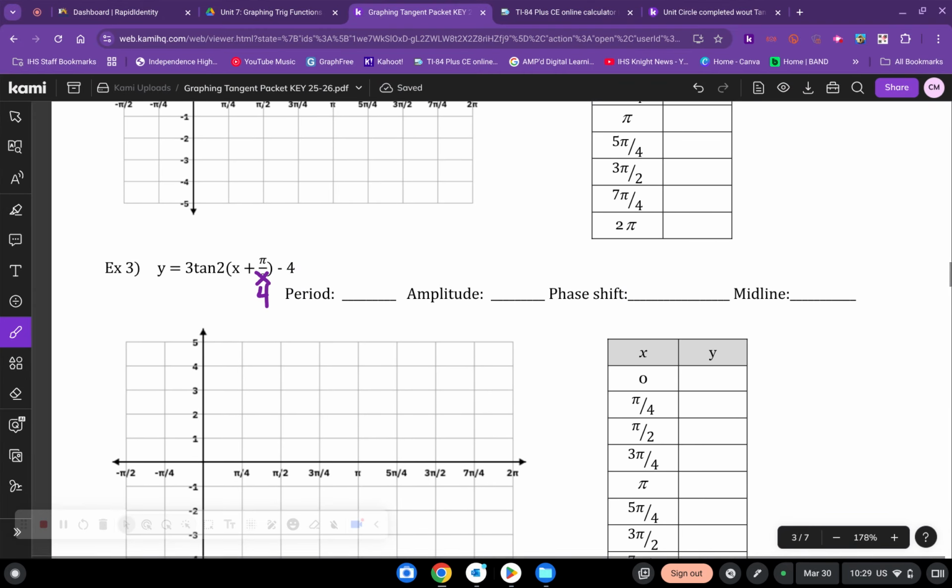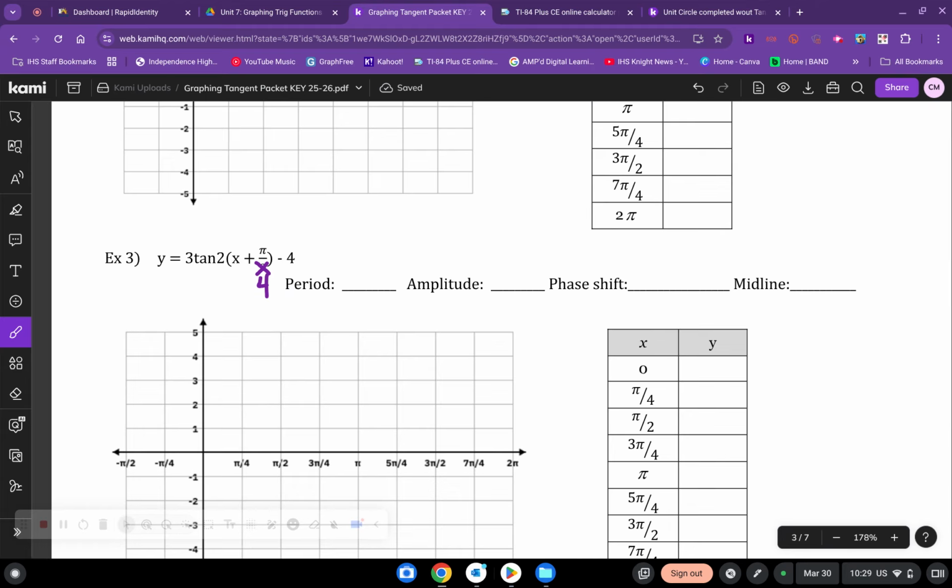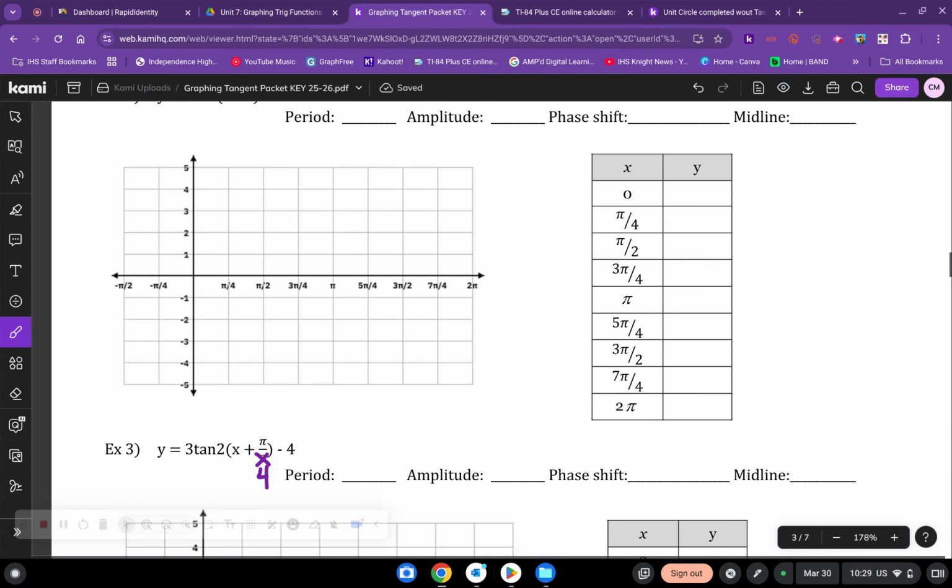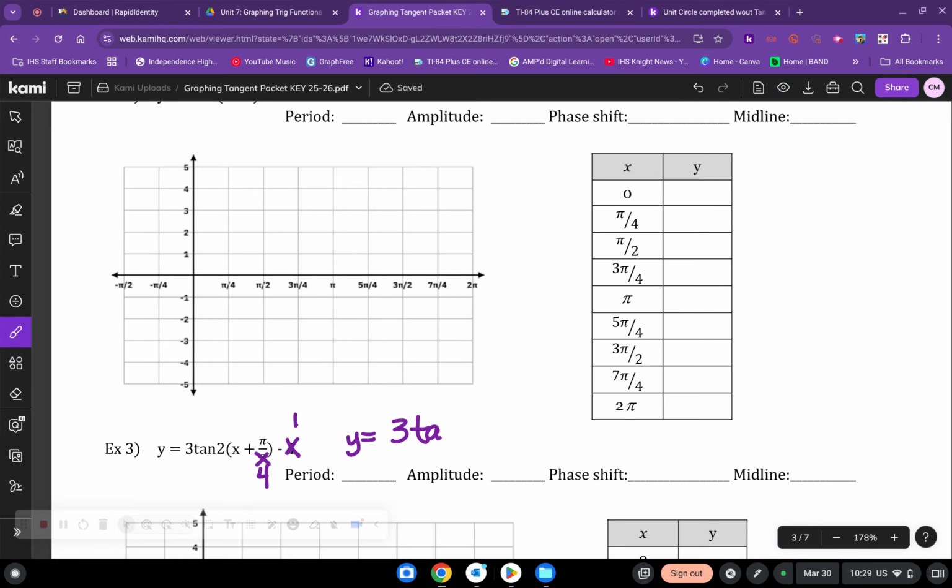And then I would also change this to -1. So 3 tangent of x plus pi over 4 minus 1.